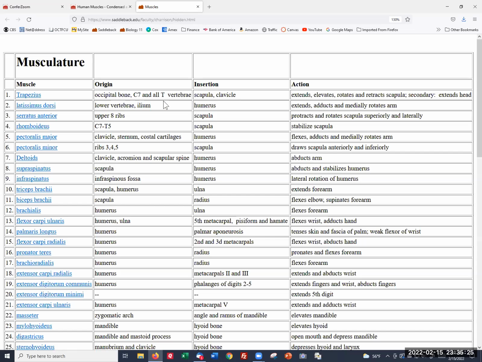These origins, insertions, both have been minimized. Okay, instead of saying the capitulum of the humerus, it just says humerus. If you want to learn the longer portion, so much the better. But these are sufficient answers for origins and insertions.